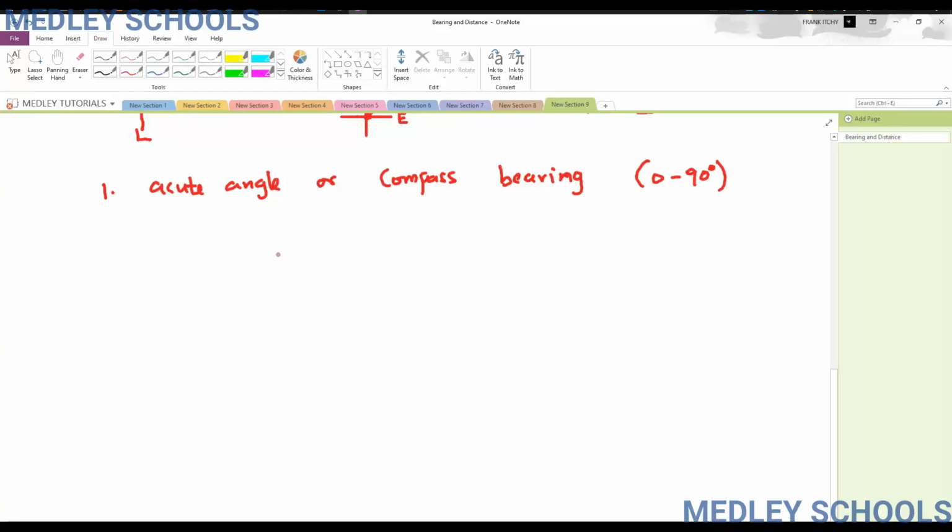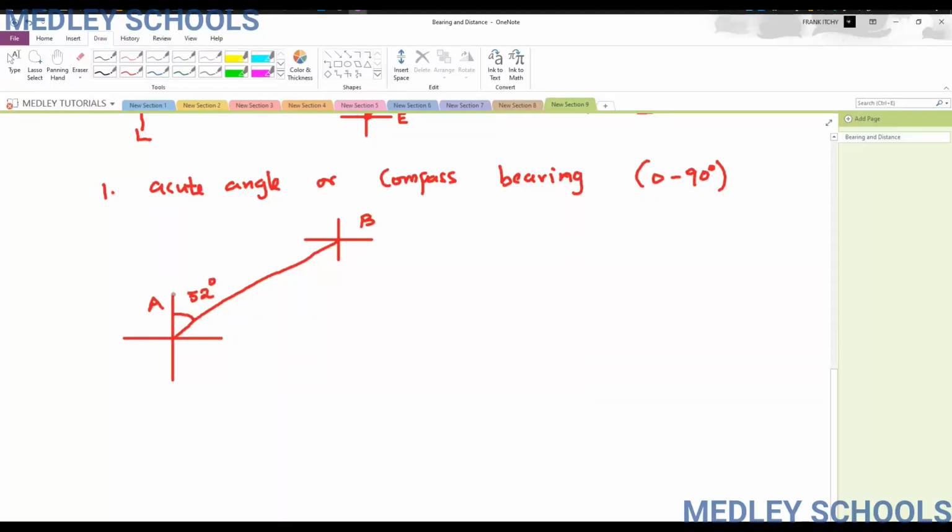For example, if I have a location like this and I have another location like this, and I have the distance between them, if I have this to be A and this to be B, and I know that from here to here I'm given to be 52 degrees.